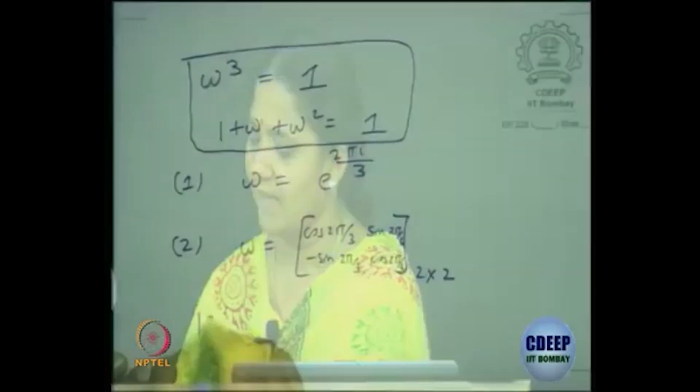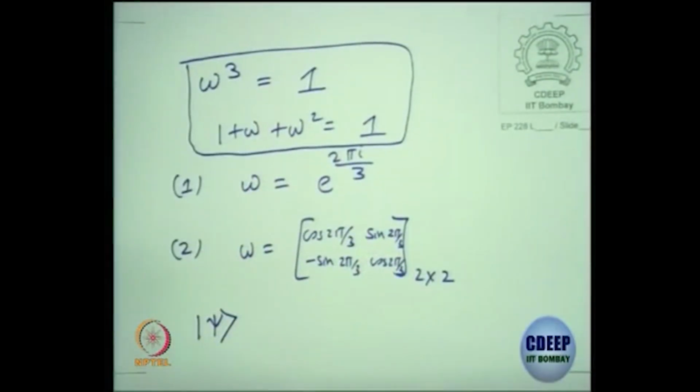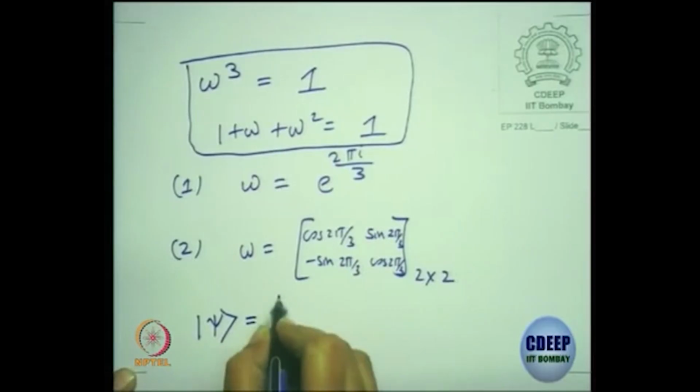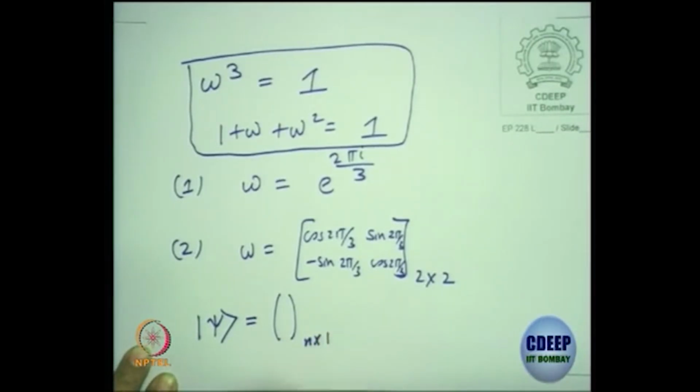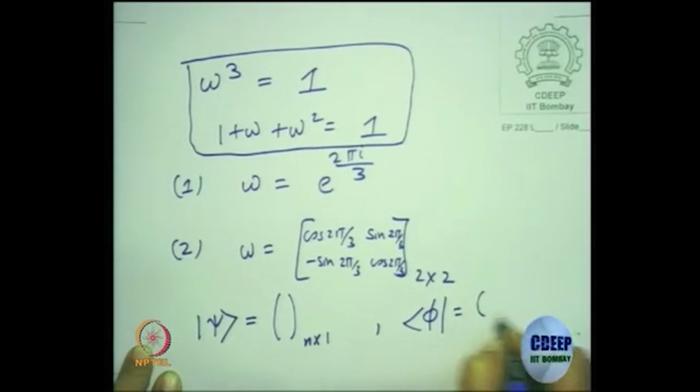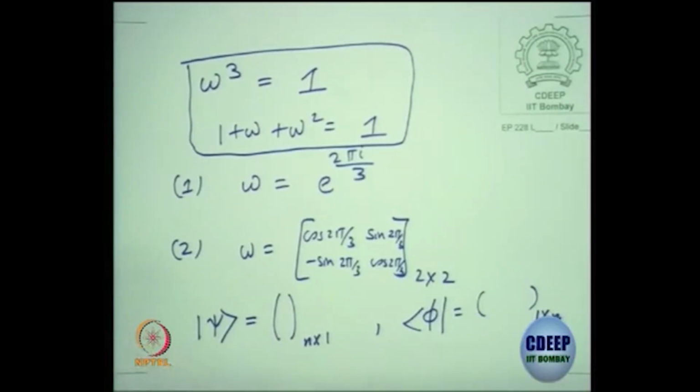Similarly, a formal abstract state psi, I give a representation as a column vector with n rows and one column. A bra vector in the dual vector space will be denoted by a row vector with one row and n columns. Whenever you take an inner product, it becomes a number, a 1 cross 1 element.